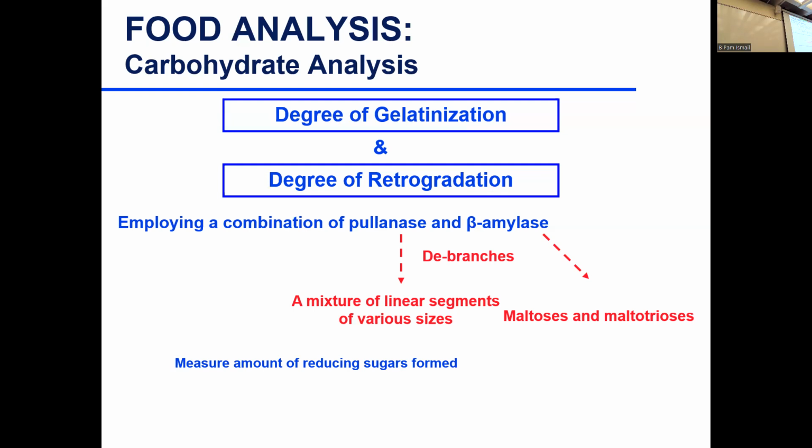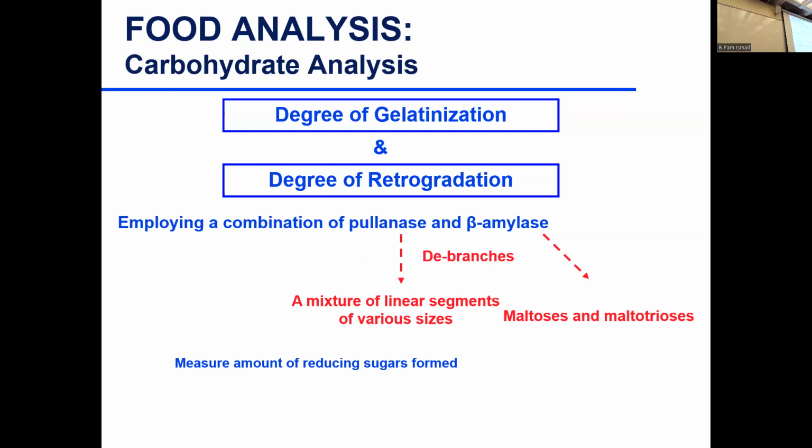So basically, if I want to determine the degree of gelatinization, I add pullulanase and beta amylase. The higher the degree of gelatinization, the more the activity of these two enzymes. They're not going to act on raw starch. So a higher degree of gelatinization is going to give me a high activity of these two enzymes. Pullulanase is going to debranch.